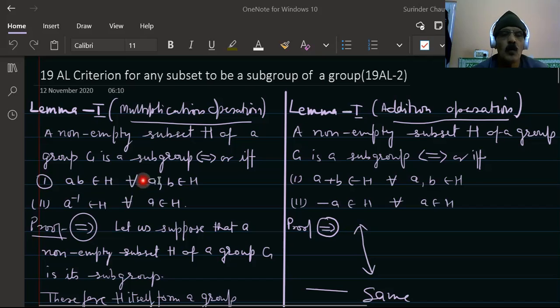If closure property and inverse element hold in a subset, then H is a subgroup. Or if H is a subgroup of a group G, then closure property and inverse element hold.